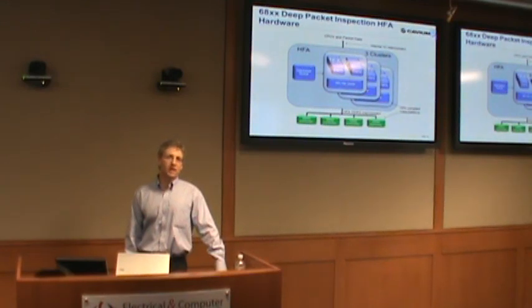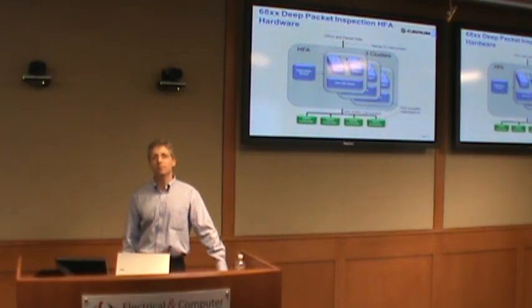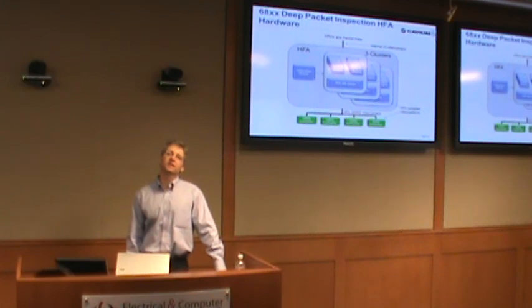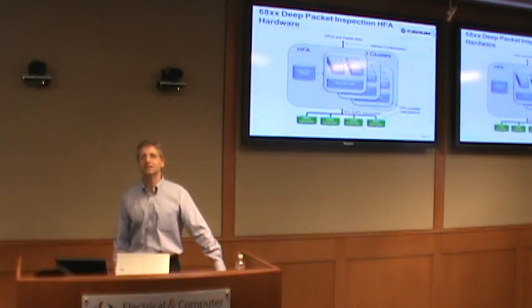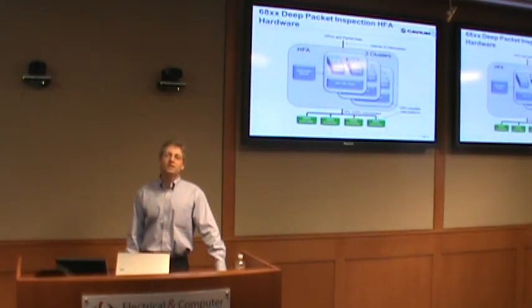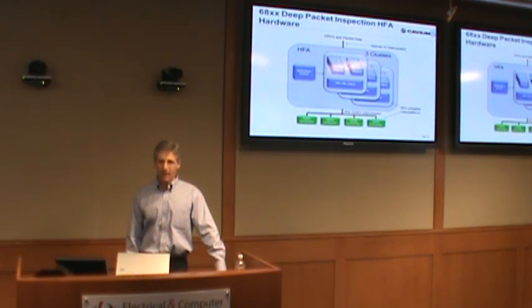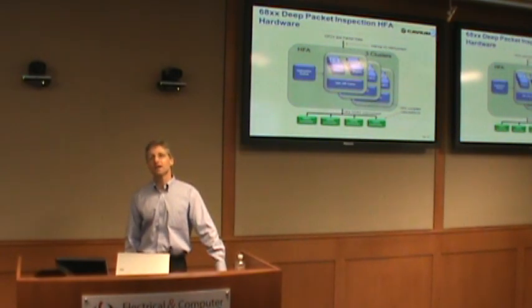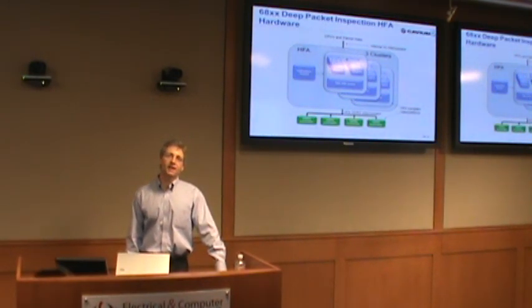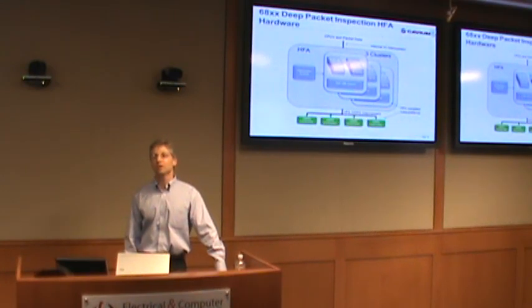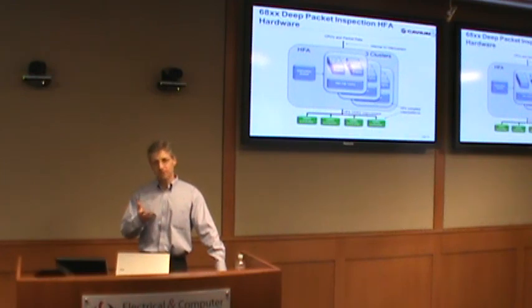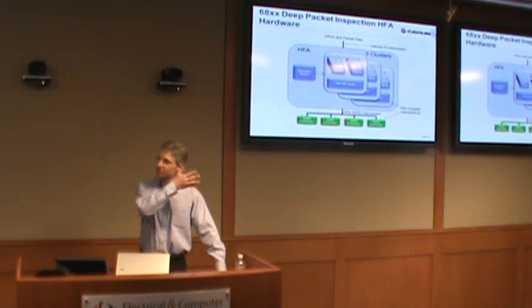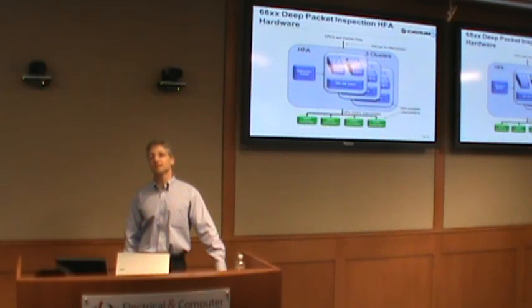The unit that does deep packet inspection in the 68XX we happen to call HFA, the FA for finite automata. What we have is 3 clusters of 16 engines for pattern matching. So you can look at this as an additional 48 cores on this device that are dedicated to pattern matching. These cores can be pattern matching, which is what they're good at, while the other cores can be doing the other important stuff that they need to do.